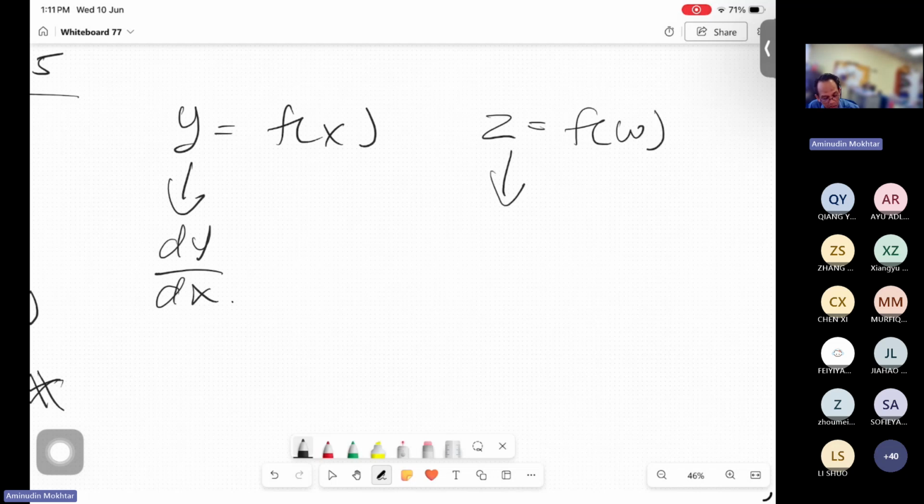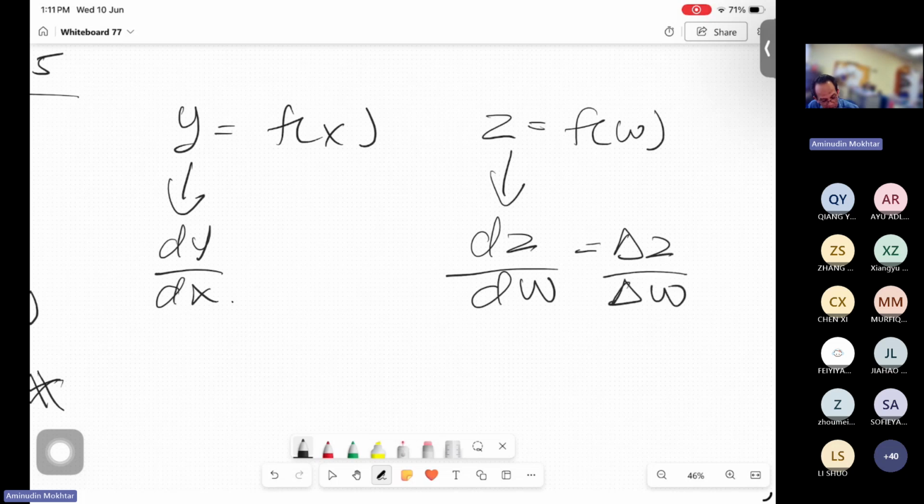For this function, we can find dz/dw. Okay, this equals delta z divided by delta w. This is also equal to delta y divided by delta x. Okay, that's about the derivative, the first part of this equation.